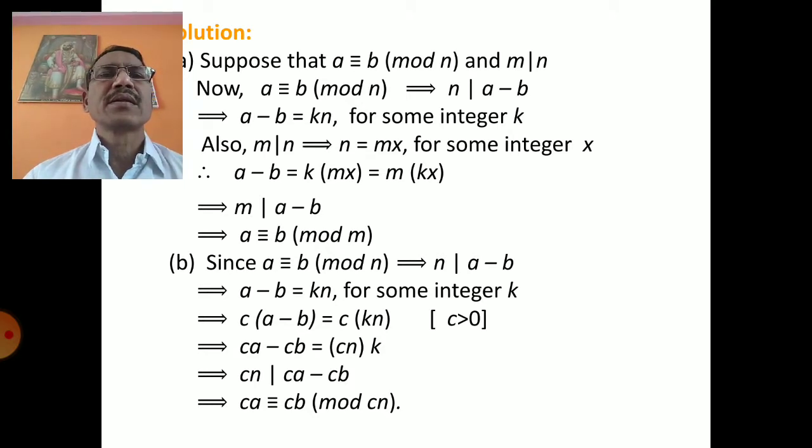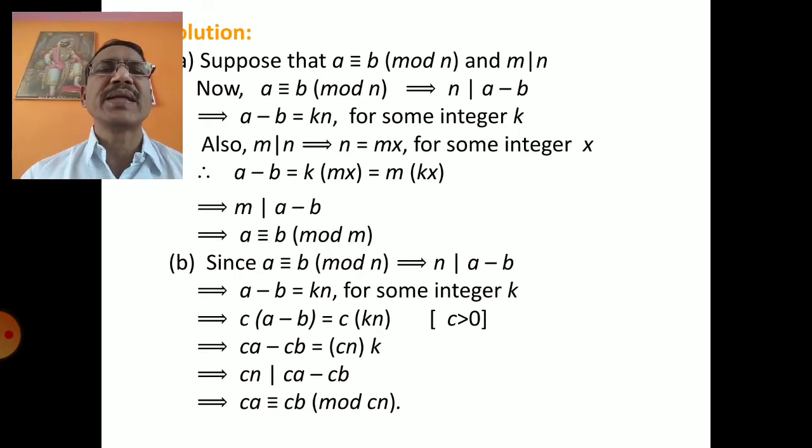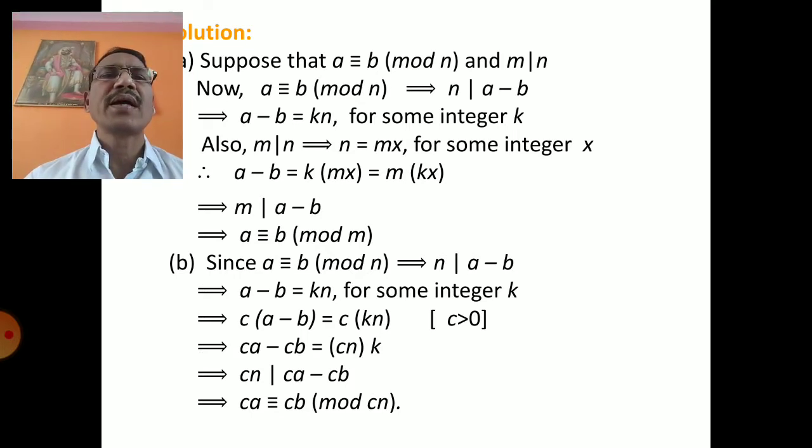Now, putting the value of n in the equation a minus b is equal to kn, we get a minus b is equal to k into mx, and then it can be written as m into kx, which implies that m divides a minus b. m divides a minus b implies, by the definition of divisibility, a is congruent to b mod m. This is the solution of the first problem.